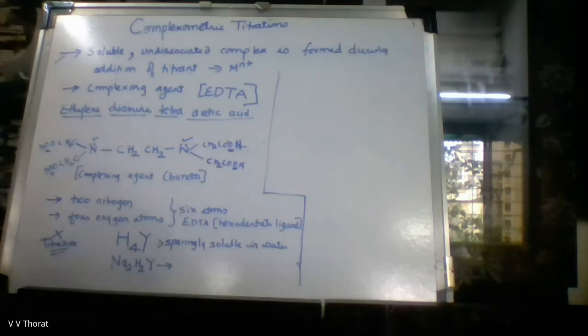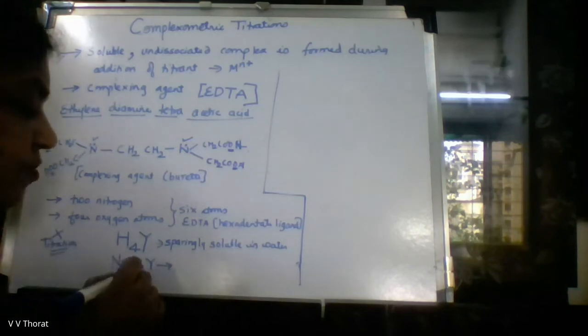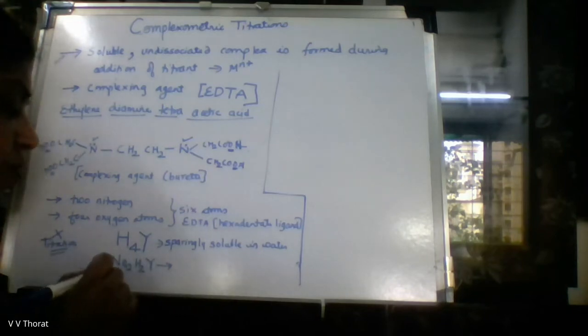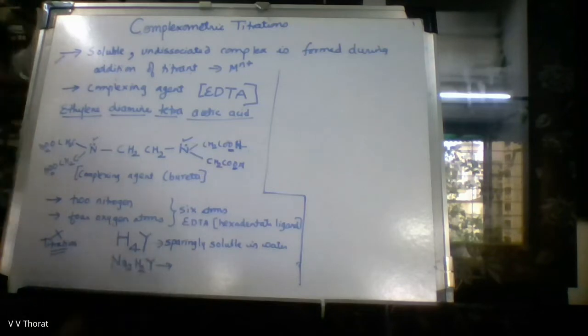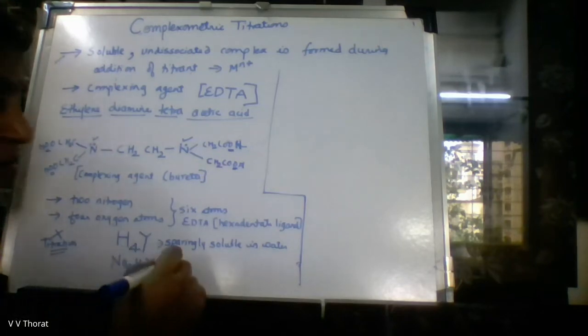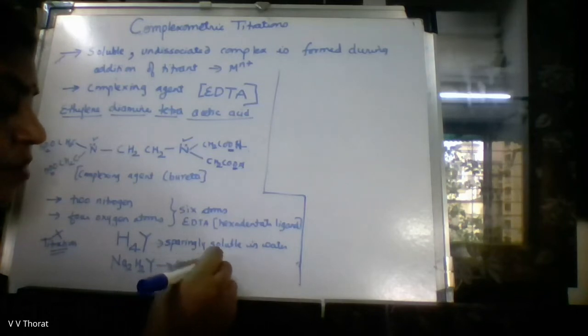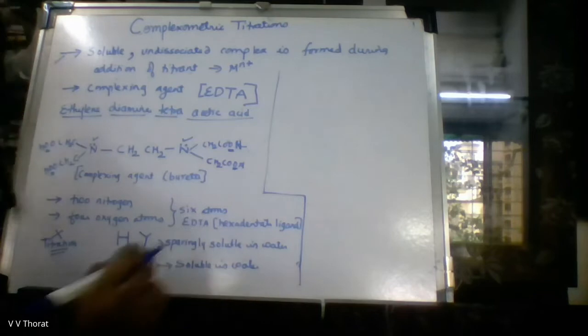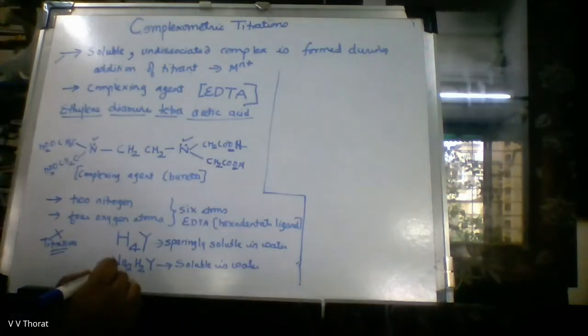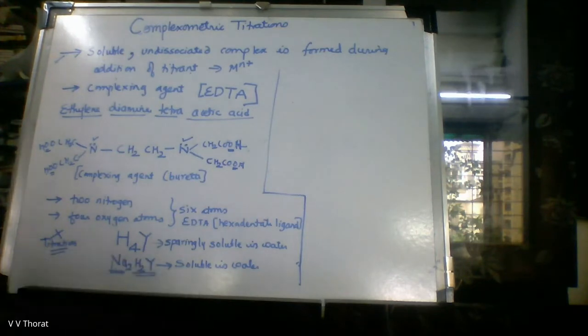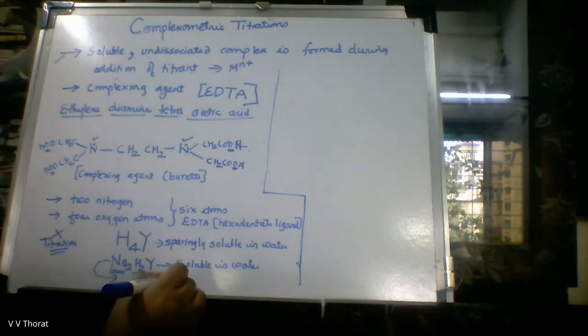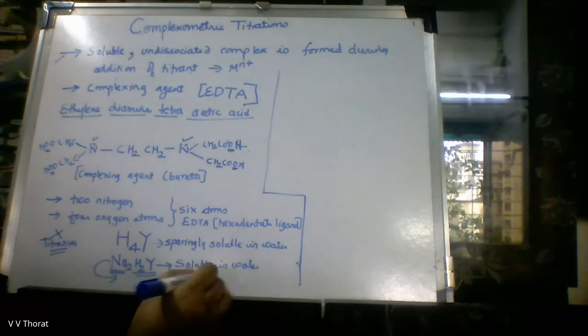So here we will be using the disodium salt of EDTA, Na2H2Y. And this disodium salt of EDTA is soluble in water. So when you do practical, you see the container name. It is disodium salt of EDTA. And this also can be written as H2Y2 minus.